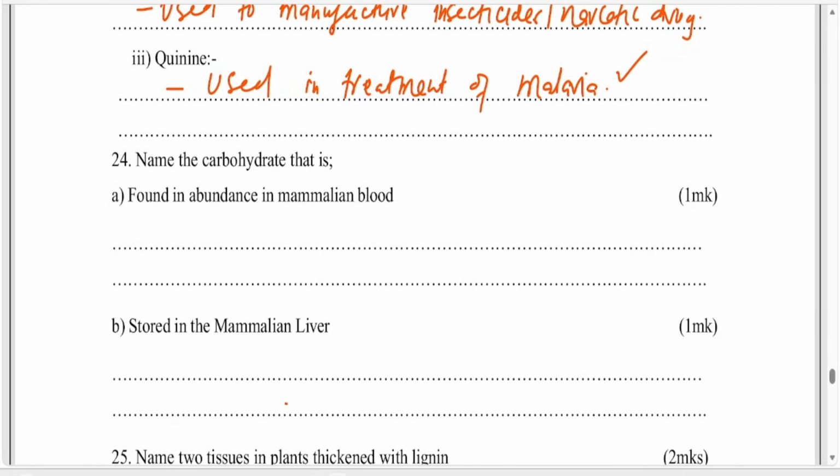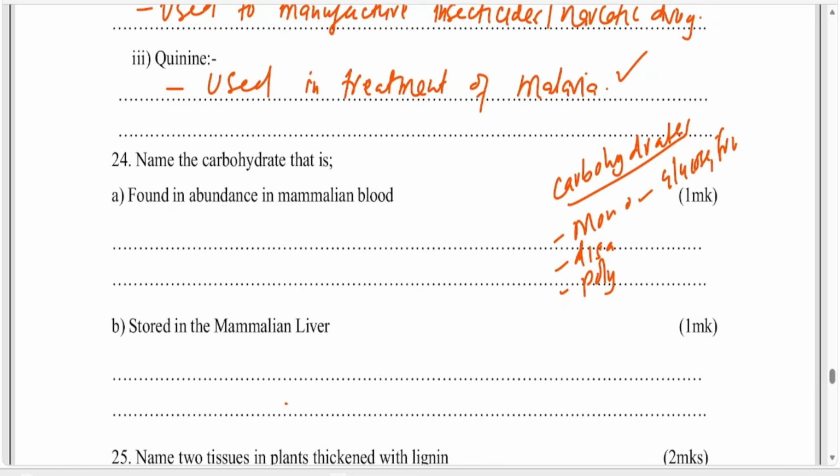Previously I had talked about types of carbohydrates, and I said that carbohydrates have 3 categories. We have the monosaccharides, the disaccharides, and the polysaccharides. In the monosaccharides, we have glucose, fructose, and galactose.